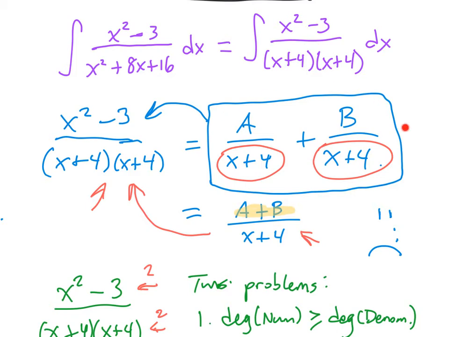So when I added these two things up, I got a rational function whose denominator was just x plus 4. There was no (x plus 4) squared down there, and there's nothing I could have done that would have given me an (x plus 4) squared that couldn't be reduced down to this. So this partial fraction decomposition just doesn't capture the entire complexity here when the factors in the denominator are exactly the same.